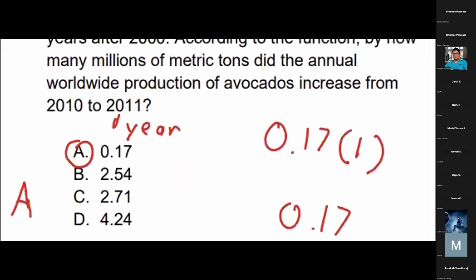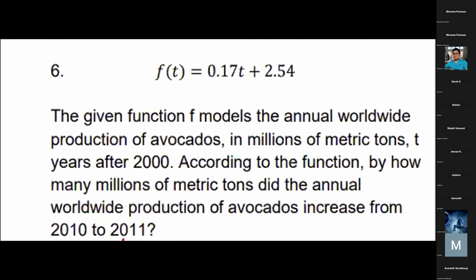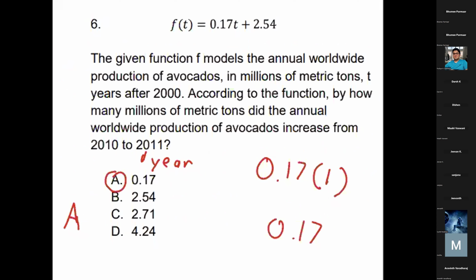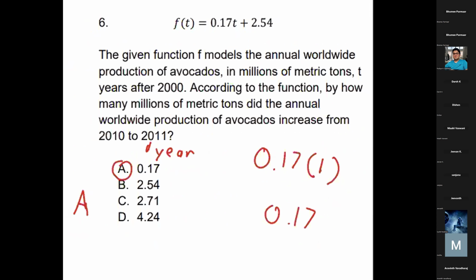Okay, so for number 6, let me just explain it the long way, I guess. So basically this says t is years after 2000. And it's like, how many millions of metric tons did the annual worldwide production increase from 2010 to 2011?